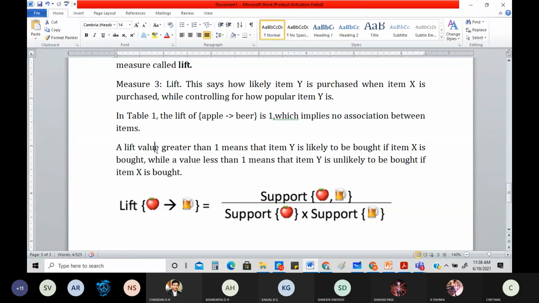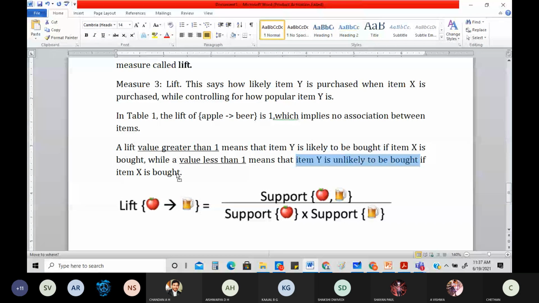A lift value greater than 1 means that item Y is likely to be bought if item X is bought. A value less than 1 says that item Y is unlikely to be bought if item X is bought. That is something you got to know.